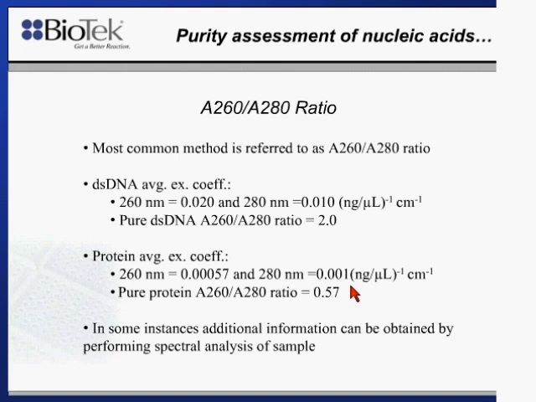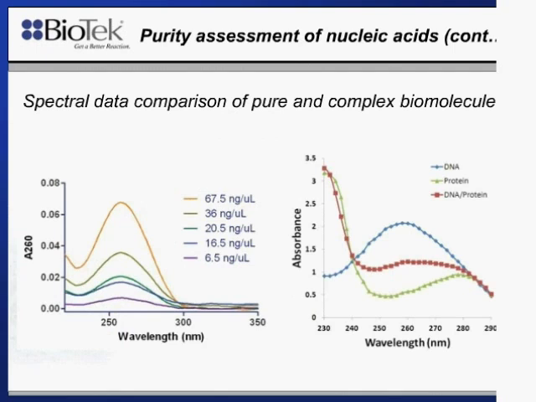First, if we take a look at just the spectral data of pure versus complex samples, starting with the graph on the left, we look at increasing concentrations of pure double-stranded DNA. We'll notice that indeed we do have an absorbance peak at 260, which increases with increasing concentration.